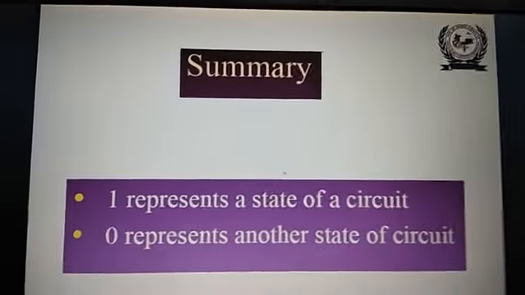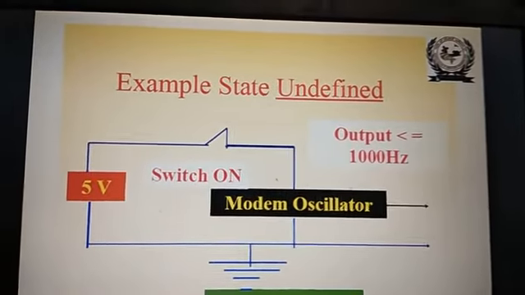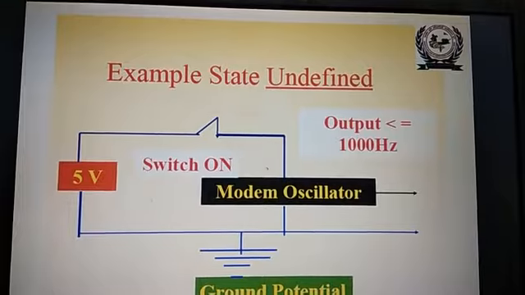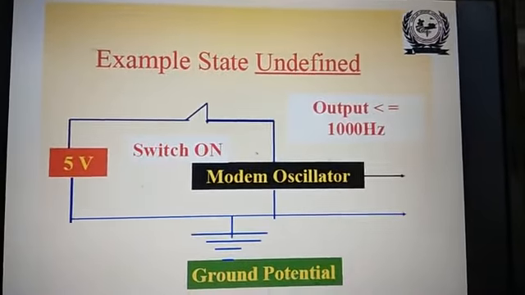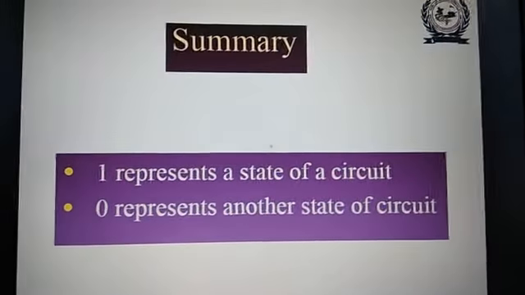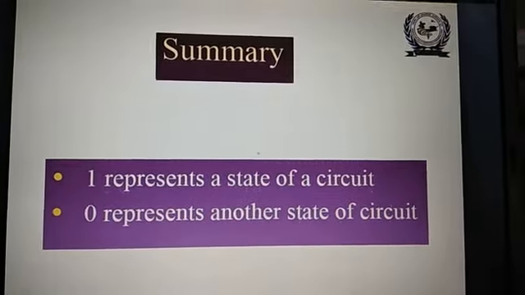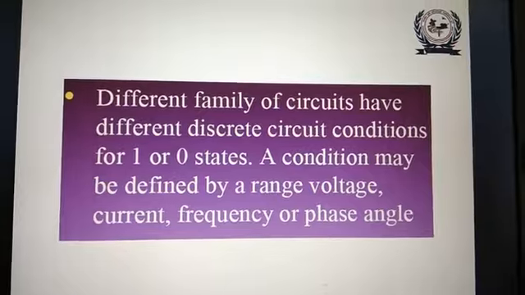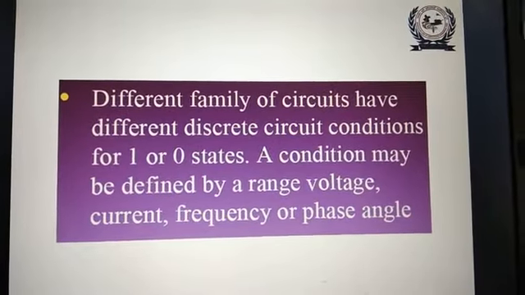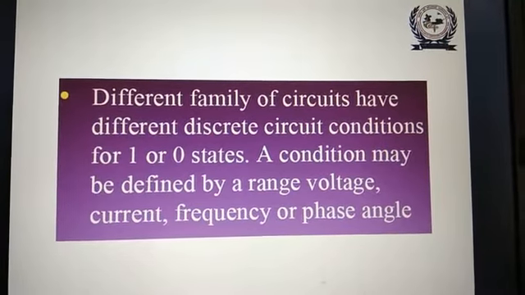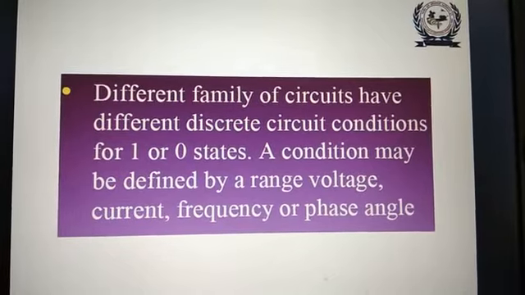According to this we use digital electronic circuits, right? Here 1 represents one state of the circuit and 0 represents another state of the circuit. Different families of circuits have different discrete circuit conditions for 1 and 0 states.